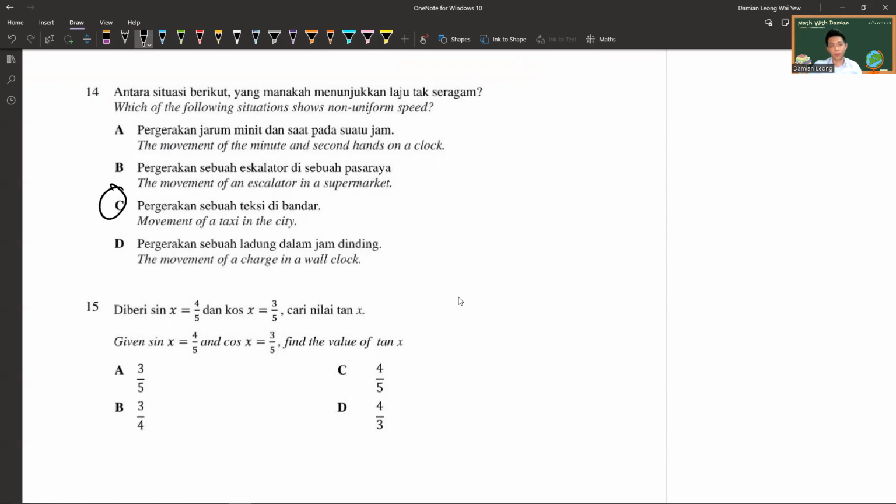That is not uniform speed, because sometimes there's a jam, sometimes no jam, sometimes you slow down when going for a turn, sometimes you speed up on a highway and things like that. Movement of a hand in a wall clock is also constant. Doesn't change.